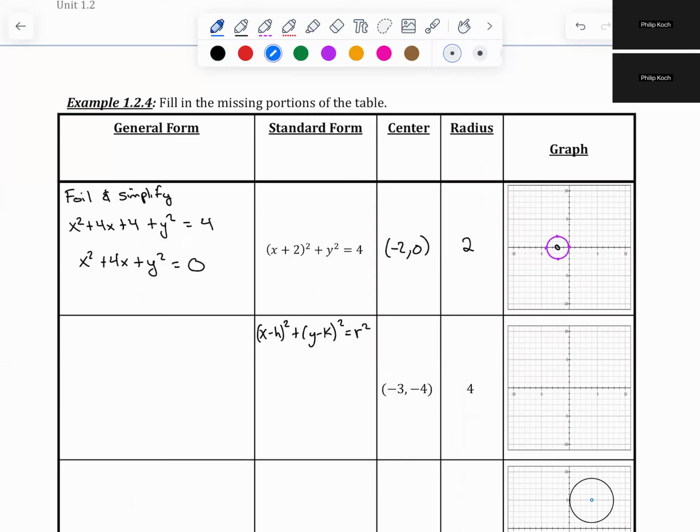We know that this is our h and this is our k, and this is our r. So we have everything we need. X minus -3, so that's x plus 3 squared, plus y minus -4, so that's y plus 4 quantity squared, is equal to 16.